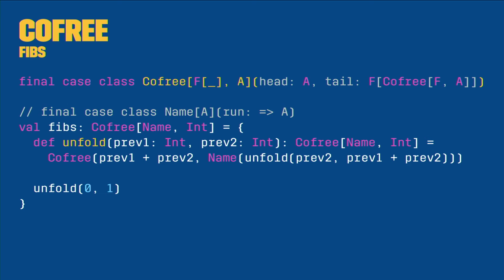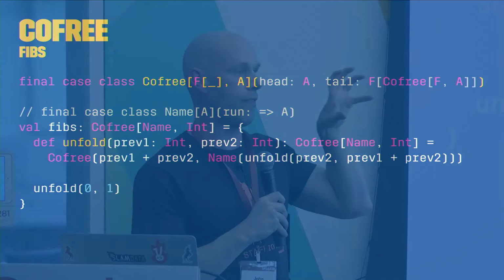So we defer that. We create a lazy structure by simply, for F, our choice of F in this case is going to be basically a thunk that defers evaluation of the thing that it produces. And so CoFree of Name of A is actually a lazy sort of infinite list. And I use that in this case to model the Fibonacci sequence.